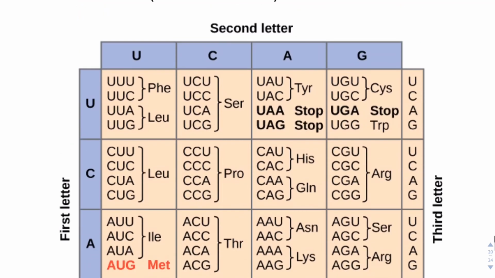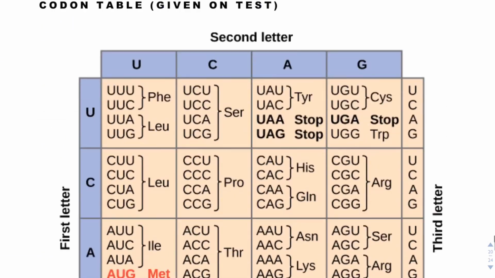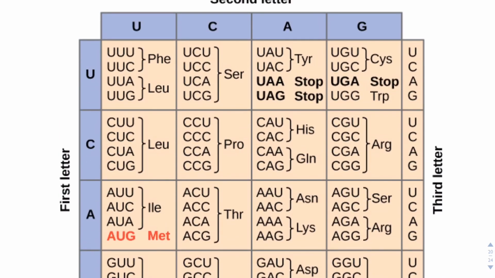Now, when we go into messenger RNA, all of your thymines are going to be turned to uracils. That's just something that happens. Again, not getting into the biology aspect of that, but it is important because we're going to see that our codons, our 3-letter sequences here, we're going to figure out what they code for as far as your amino acids.